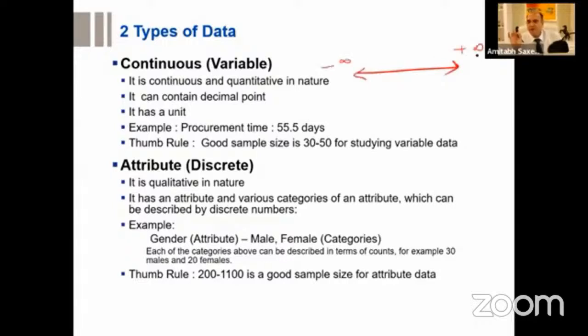Now, how many of you are okay to enter into a little bit of statistical details? Now, up to you. We yellow belts generally are not supposed to be bothered with too much statistics. But if you are okay to enter into a little bit of complicated statistical details, I'm happy to take you through that.